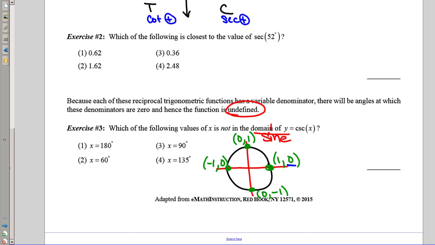So we're going to find where sine is 0, and that happens at 0 degrees, or 360 degrees, or it happens at 180 degrees. So in this particular case, 0 isn't on here as a choice, and 360 isn't on here as a choice, so we would go with 180 degrees, or choice 1, okay? Now, I would challenge you to find the same undefined values for your cotangent and also for your secant.